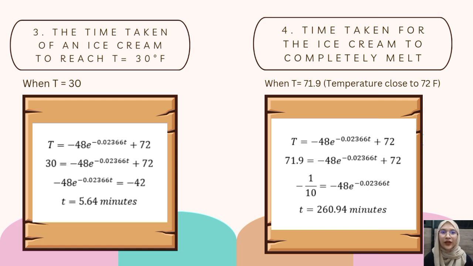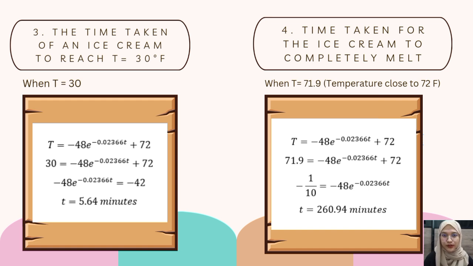Okay, now on the right side, we are determining how long it takes for the ice cream to completely melt. Assuming the ice cream is fully melted when the temperature is nearly equal to the surrounding temperature, we set T equals 71.9. Again, substitute and solve for t. 71.9 equals negative 48 e to the power of negative 0.02366t plus 72.